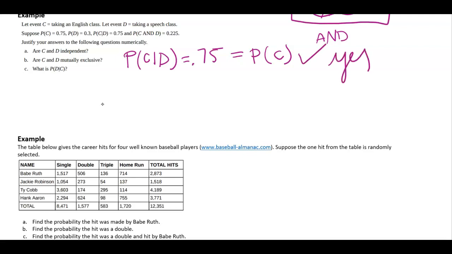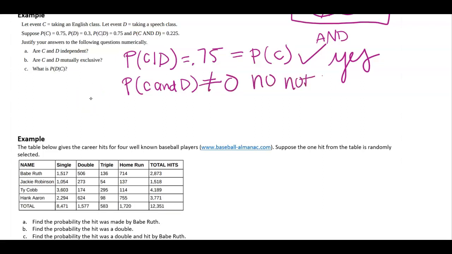Therefore, yes, these two events are independent from each other. Are C and D mutually exclusive? Well, we would need to look at the "and" probability and notice that that is not equal to 0. Therefore, no, they are not mutually exclusive. So yes, independent, not mutually exclusive.